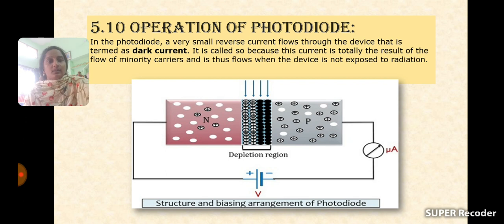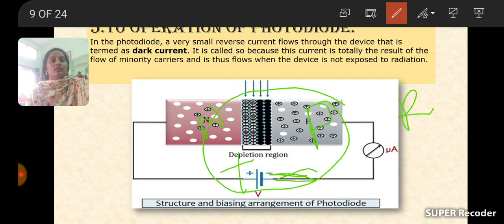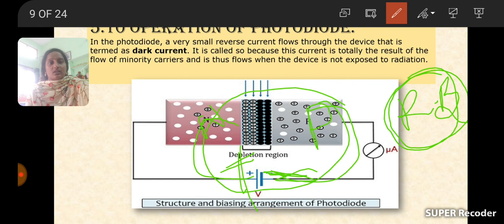And now, coming to the operation from the diagram. When we apply reverse bias, N is connected to the positive terminal of the battery and P is connected to the negative terminal of the battery. Now the diode works under the reverse bias condition.